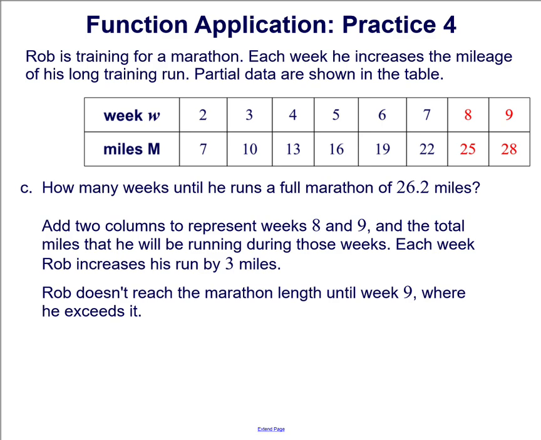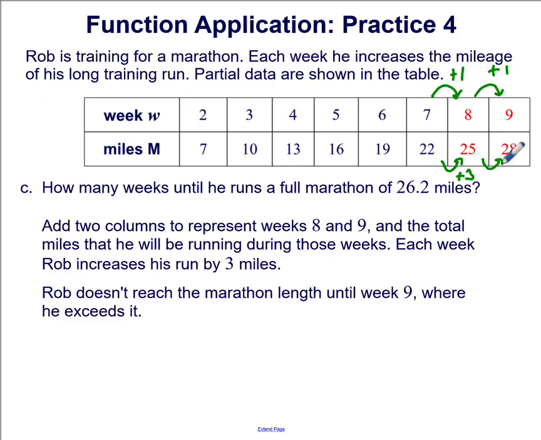So we take a look up here. The weeks are increasing by a constant rate of 1. Knowing that, we use that information to advance to the next column. So 7 plus 1 is 8. And continuing the pattern, 8 plus 1 is 9. We also know that this is increasing at a constant rate of 3. Using that idea, we can extend from week 7 to week 8 by adding 3 miles to get 25 miles.